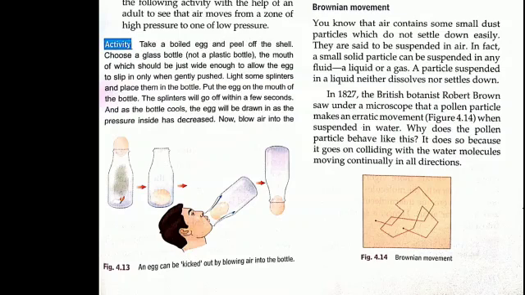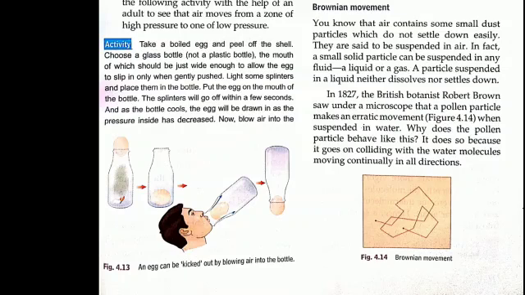So children, what is Brownian movement? Brownian movement is the erratic movement of solid particles suspended in a liquid. This erratic movement is due to the colliding of the solid particles with the molecules of the fluids, that is, molecules of liquid or gases.